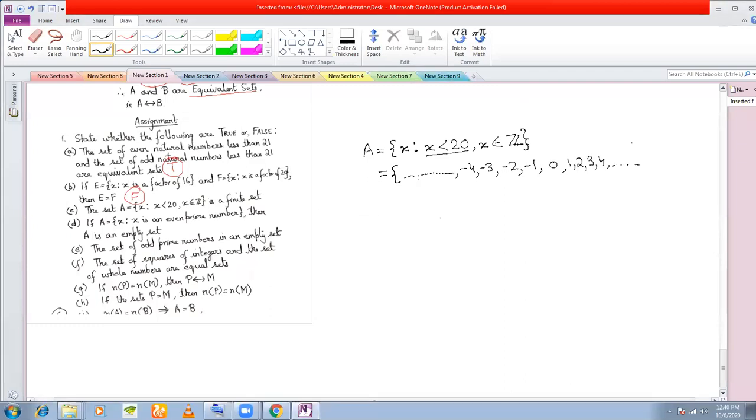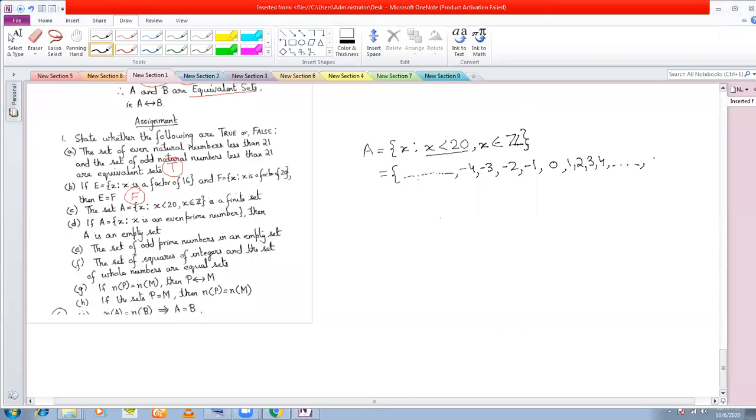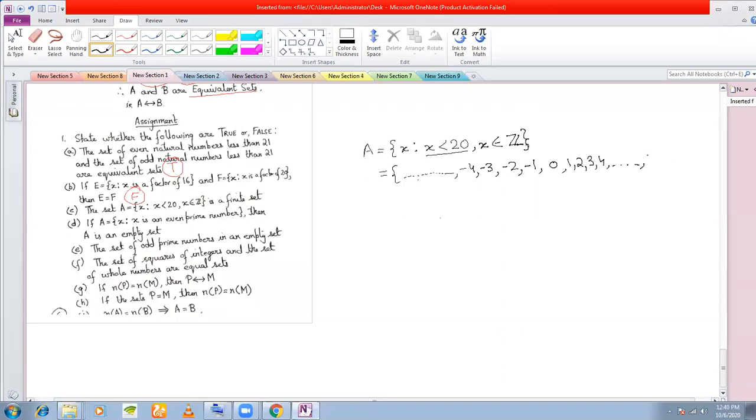It will continue till 19, because x is less than 20 here, the additional condition. So this is A written in tabular form.